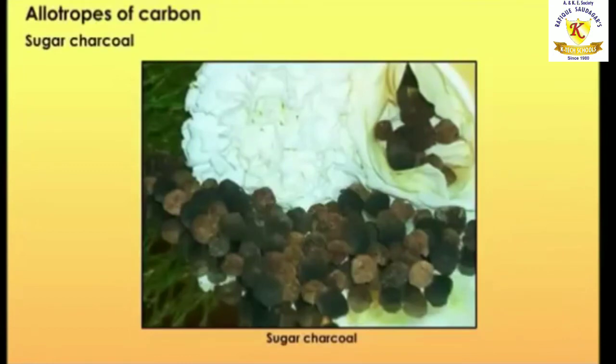Sugar charcoal is made by pouring concentrated sulfuric acid on sugar syrup. Sugar charcoal is a good absorbent in removing coloring matter from sugarcane juice.